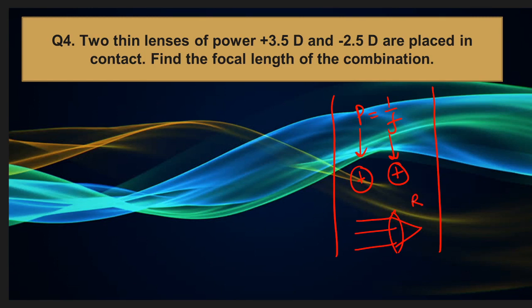So for a convex lens, focal length will be positive. If the power is positive, it means the lens is convex type. And if power is negative, then focal length is also negative. That is possible for a concave lens, because the light rays diverge in such a way that they will meet on the left side. Left side means negative, that's why focal length is negative.